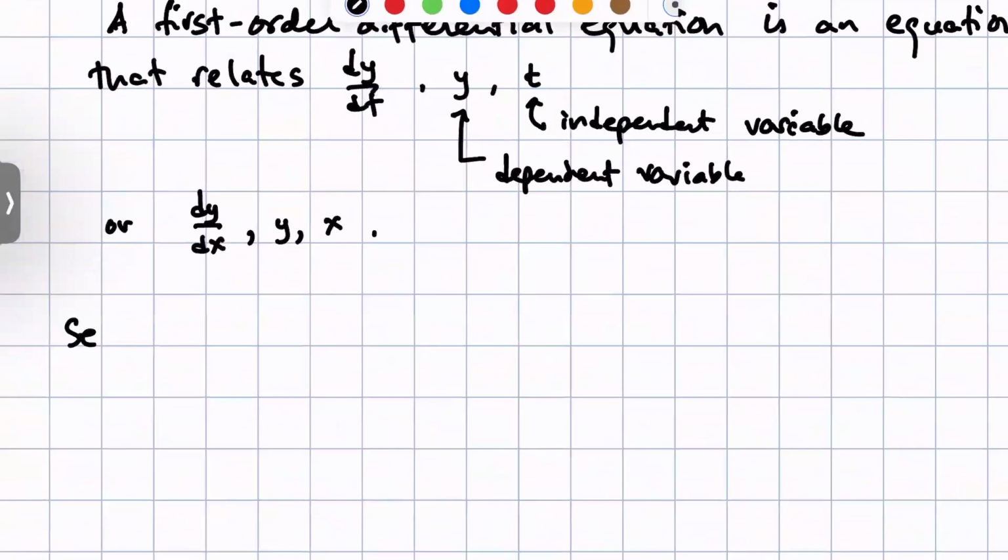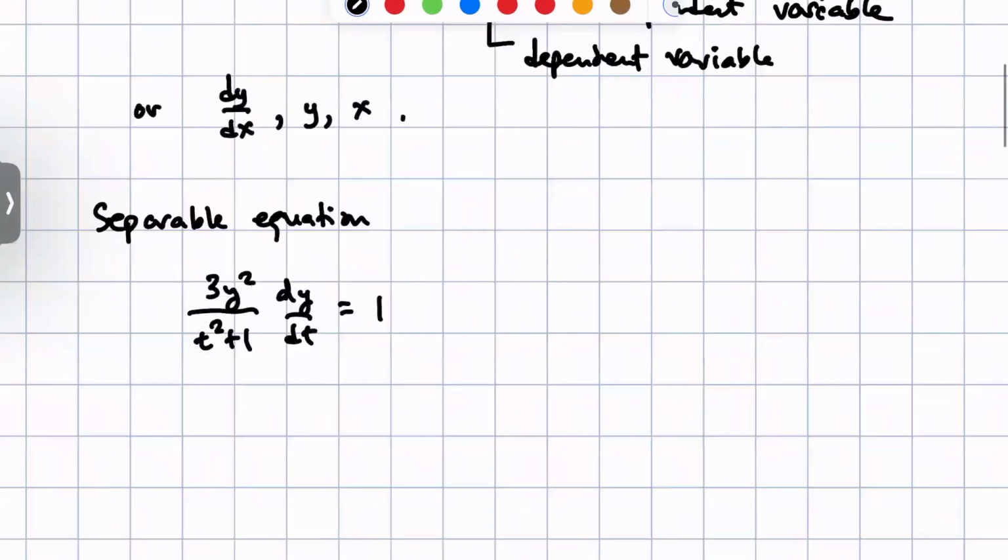Now, separable equations are equations of the following sort. So let's take an example. Suppose I have 3y squared over t squared plus 1 dy dt equals 1.